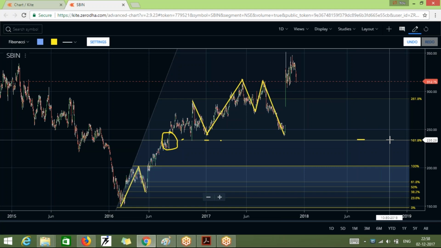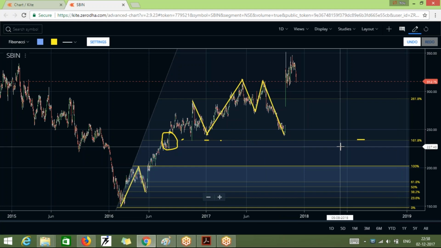So we are getting this from 236 to 150 level, it is almost more than 85 or 90 points. So how will we calculate in the above case? It's more than 85 points.